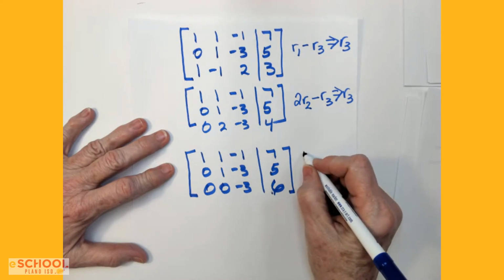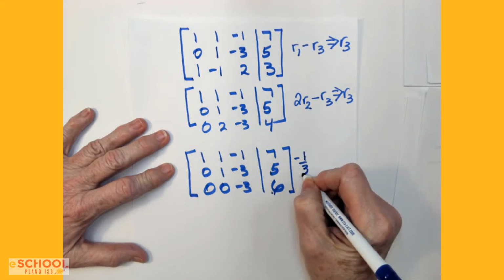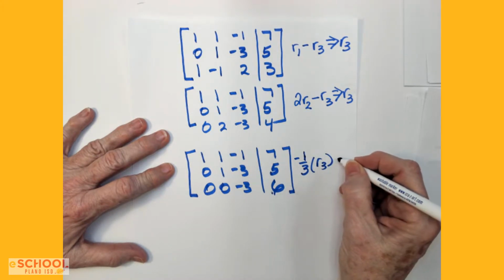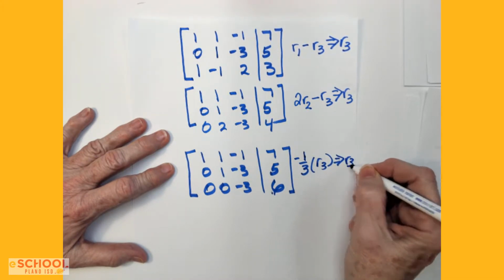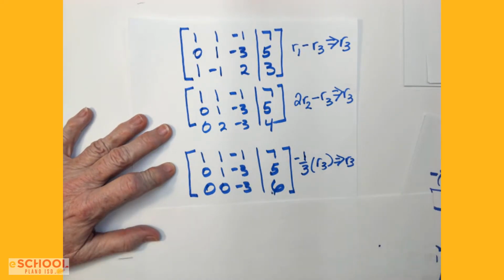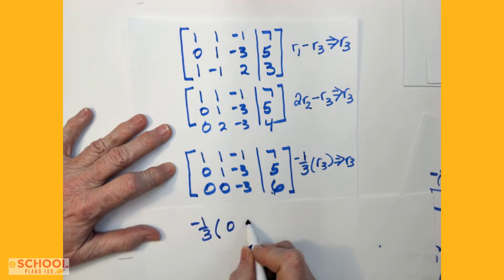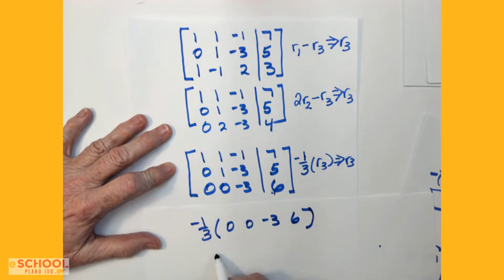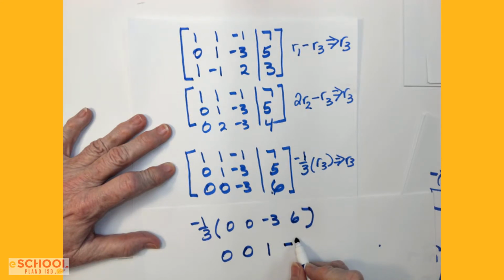So we're going to take negative 1/3 times row 3 to get your new row 3. Negative 1/3 times the last row, 0, 0, negative 3, 6, gives us 0, 0, 1, negative 2.